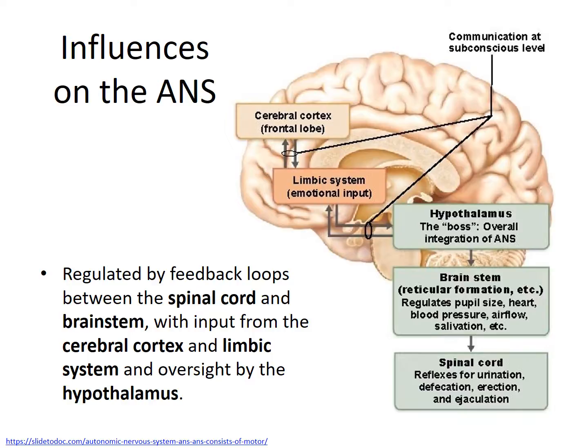Influences on the autonomic nervous system. The autonomic nervous system is regulated by feedback loops between the spinal cord and the brainstem, with additional input from the cerebral cortex, the limbic system, and overall oversight by the hypothalamus.